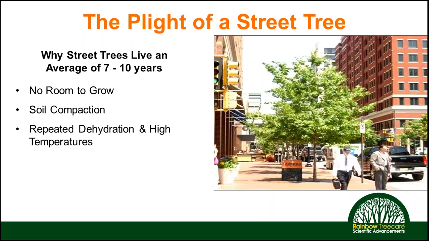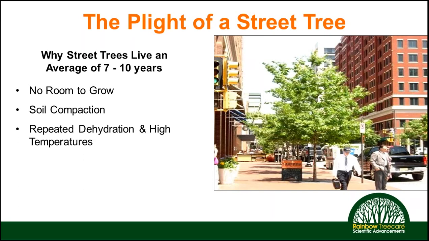When you're using Cambistat, it is ideal to use it in combination with some practices, and we'll talk a little bit about using the air spade to decompact the soil, because Cambistat is not the magic bullet. If you've got trees that are under a lot of stress, you've got to address the compaction, increase the soil oxygen levels, and increase your organic matter content.